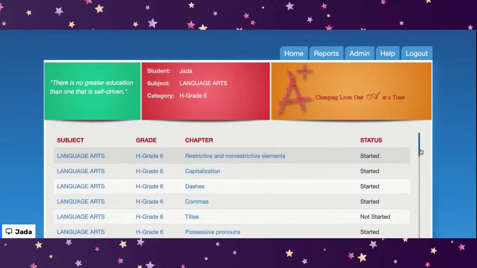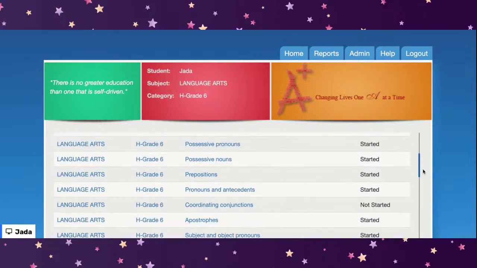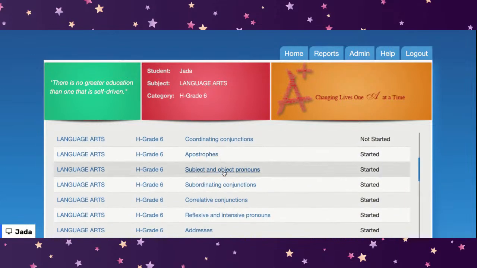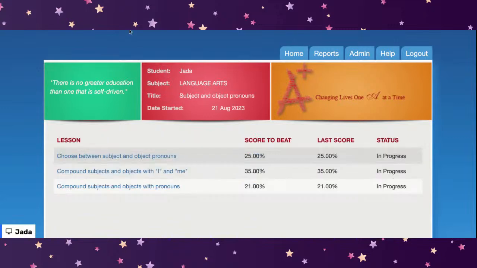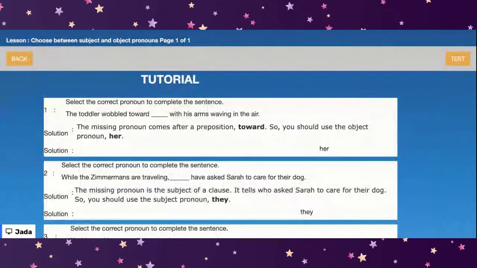So we scroll down until we have subject and object pronouns here. We have 3 lessons for the subject and object pronouns, and we will try to complete them. We start with the first lesson, which is choose between subject and object pronoun.